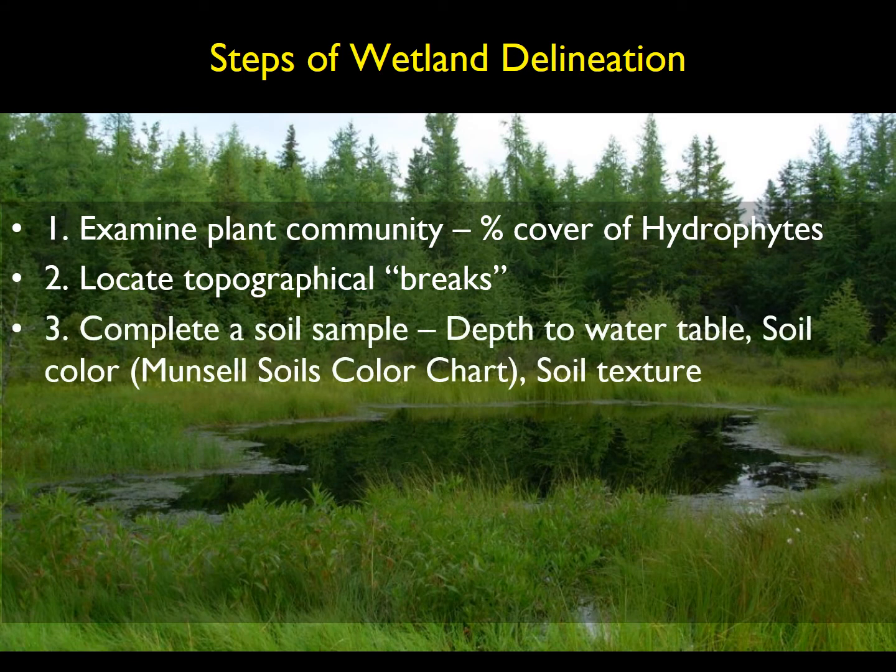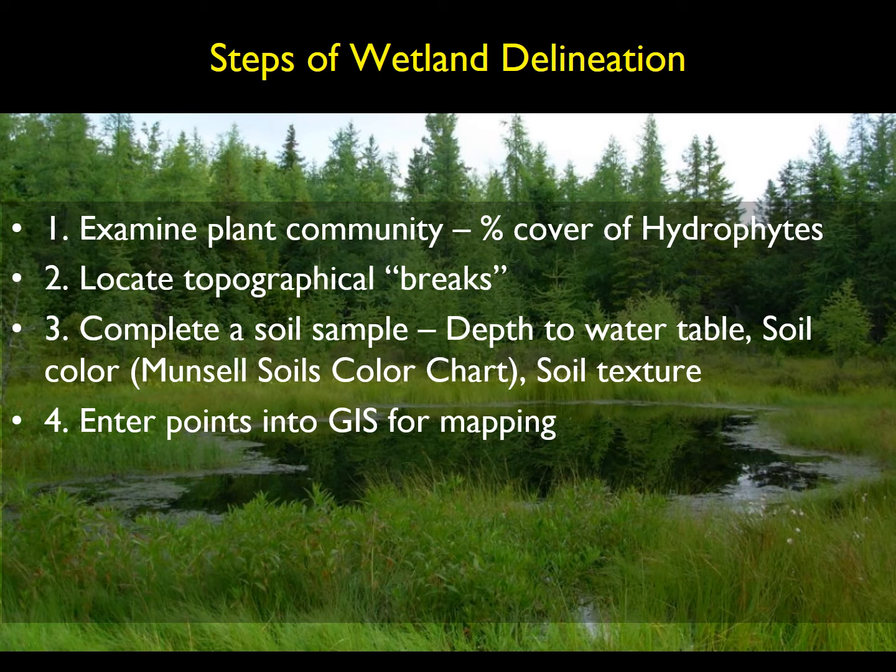Then you'll do a soil sample, again looking at soil color to determine whether it's hydric or not. The depth to the water table is important, but can fluctuate. And then soil texture as well can vary between wetlands and upland areas. Then you'd enter the points where you had done your soil samples and examined the plant community into a GIS database.